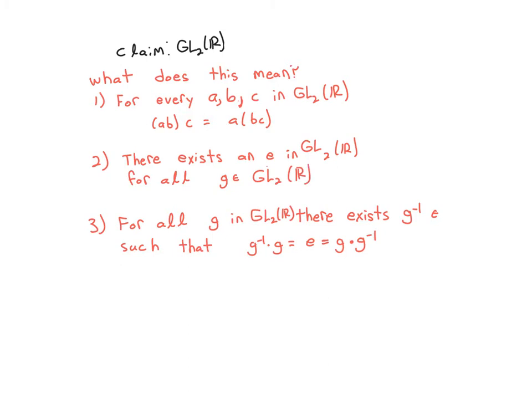So there's some special matrix E such that for all other matrices G, E times G is equal to G. Finally, we have inverses, which states that for every matrix G, there is an inverse matrix, G inverse, such that when you multiply G by G inverse, you get the matrix E back again.